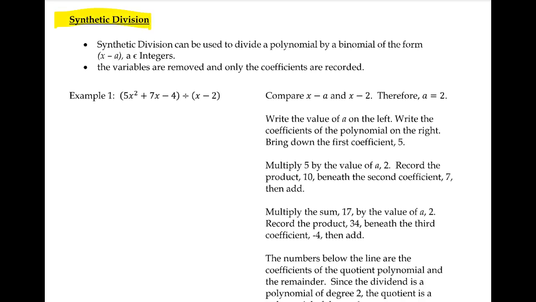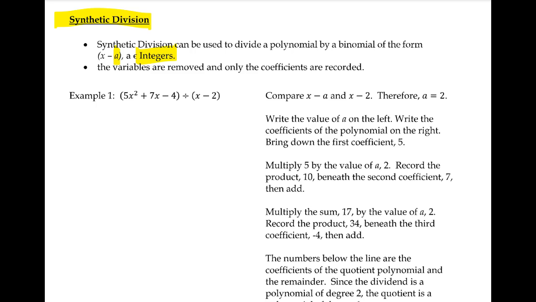So up until this point, we've been doing what's called long division. Synthetic division can be used to accomplish this exact same goal as long as a is an integer, so as long as this value in our binomial that's doing the dividing is an integer. We basically take out the variables so we can ignore them, and we only look at the coefficients.